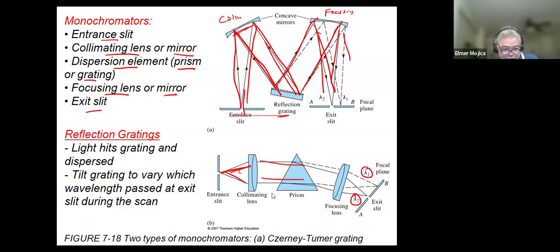Usually there's a slit placed at the exit point, and you adjust the position and the width of the slit. A specific wavelength or a narrow range of wavelengths can be selected from the dispersed spectrum. This slit acts like a filter, allowing only the desired wavelengths to pass through while blocking the rest.